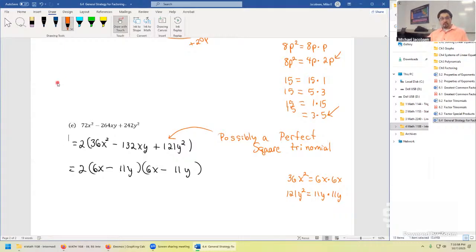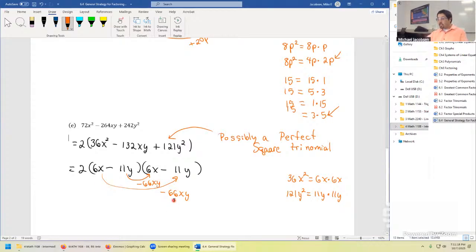And the check always looks the same on these. We multiply here to here, that's going to be negative 66xy. We're going for negative 132 of them, but multiply it again, we get the same thing twice, negative 66xy.